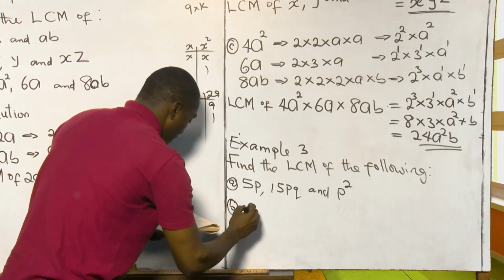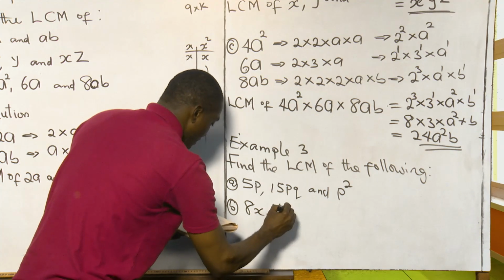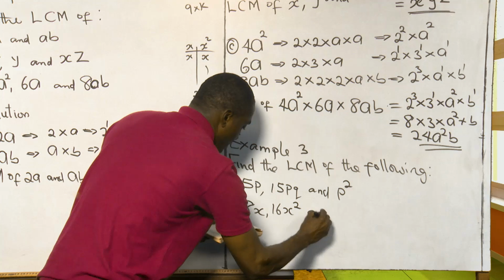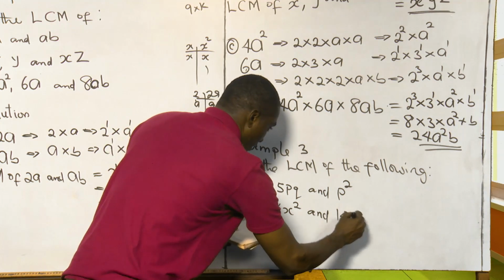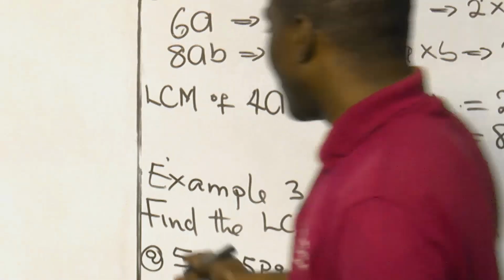B: 8x, 16x squared and 14x. That is that.